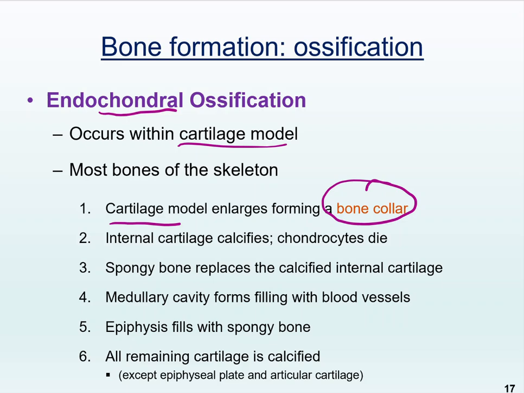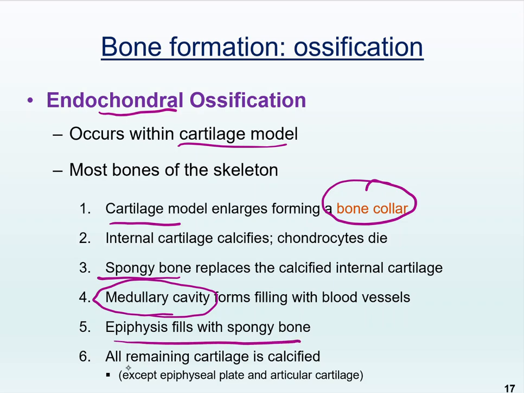The chondrocytes start to die, right? The cartilage starts to die. Instead, it gets replaced with spongy bone. The medullary cavity is created, that empty space that can be filled with blood vessels and nerves. Then the epiphysis, those ends, will be filled with spongy bone.